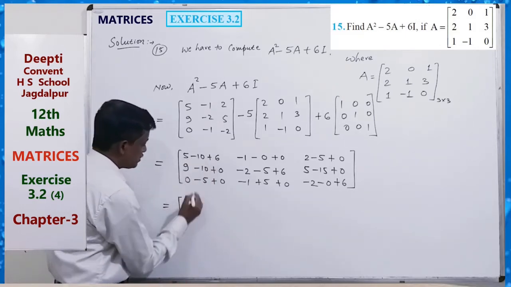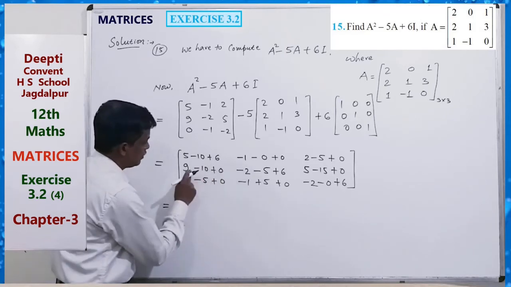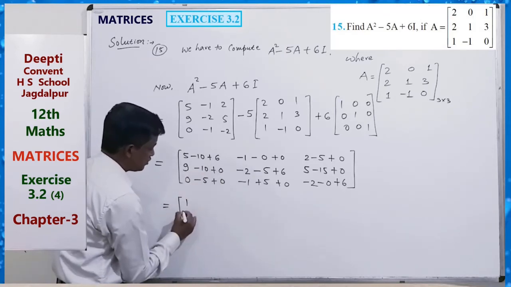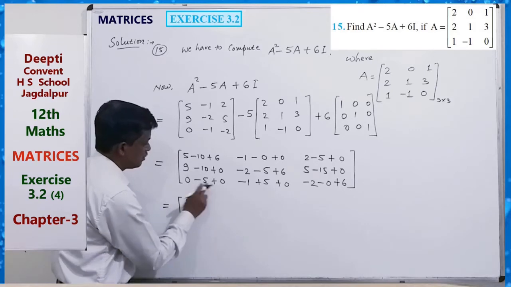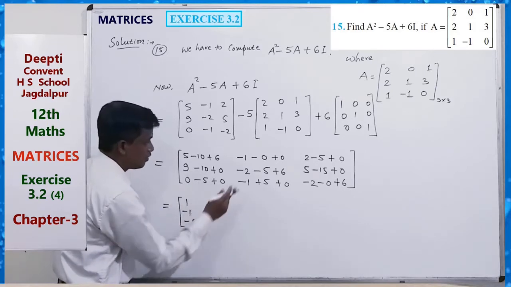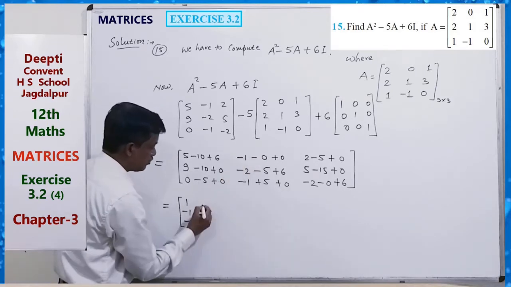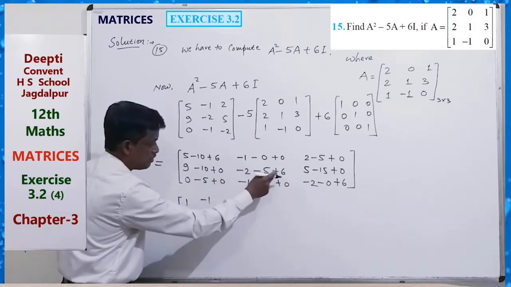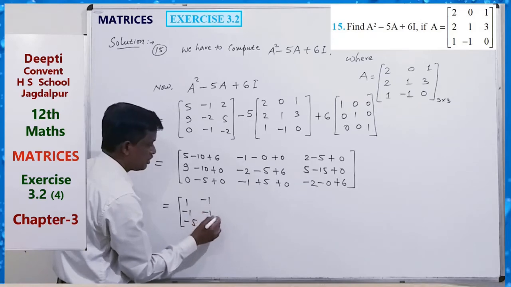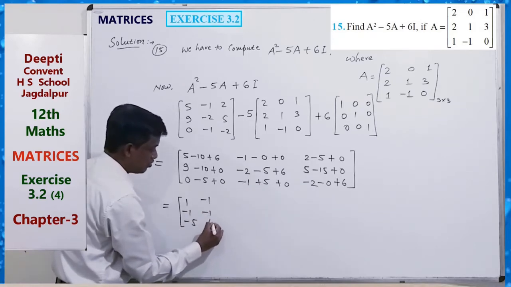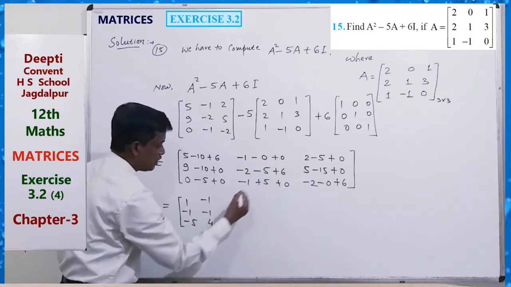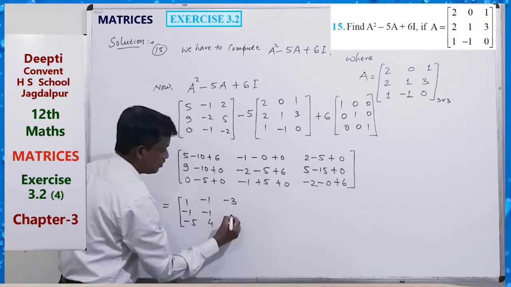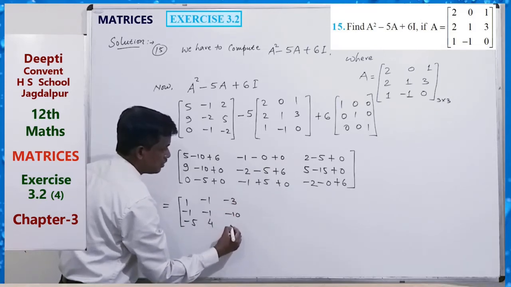5, 6, 11 minus 10, 1. 9 minus 10 minus 1, minus 5, minus 1, minus 7 plus 6 minus 1, 4. 2 minus 5 minus 3 minus 10, 4.